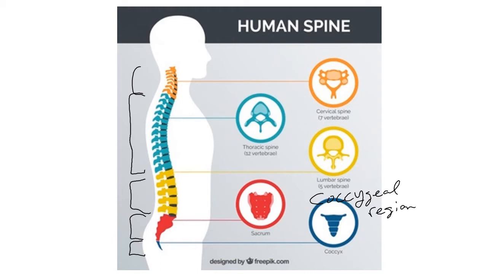This is called the sacrum or the sacral region. So this would be the lumbar region, thoracic region, and cervical region. So you can refer to it as the sacrum or the sacral region. You can refer to this as the coccyx or the coccygeal region. Next slide.